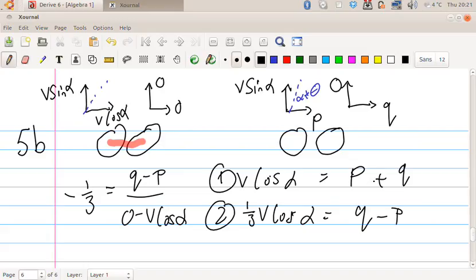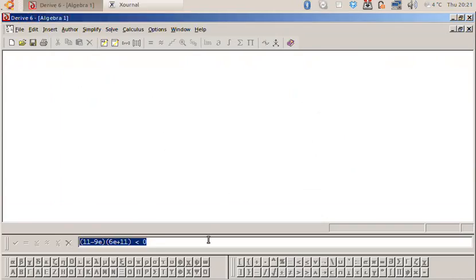Now we treat P and Q like the X and the Y, the unknowns. So just to save time, because it's a simple task mathematically, I'll type these into our program and then solve for P and Q. So you have them written down, so if you can call them out to me. So the first one is going to be P plus Q, which is X plus Y equals V cos, I'll call it A instead of alpha. And then the second one?